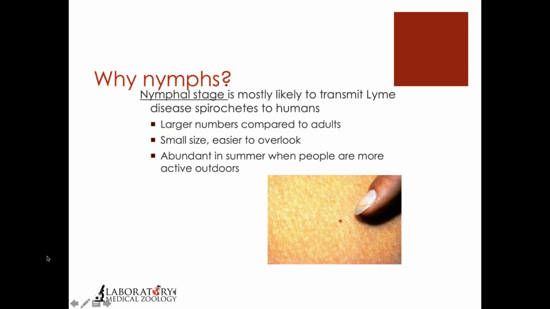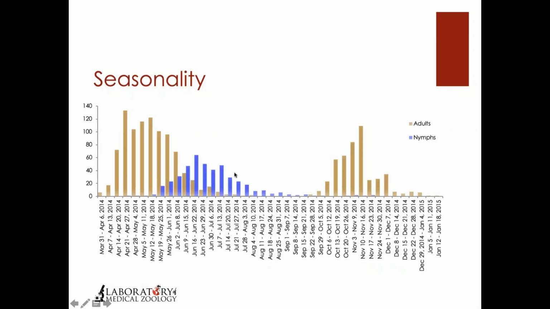I would just point out that what we see from ticks that are submitted to Tick Report is that there are still a large number of ticks in the spring and the fall that are fully fed, that is, that have fed on people for more than the period that's thought to be sufficient for transmission of pathogens. And so we often wonder whether at least some of the cases that are reported here and attributed to nymphal infection may in fact have been due to adults that fed on them maybe just a few weeks earlier, and that we may be missing some transmission that takes place in the late fall.